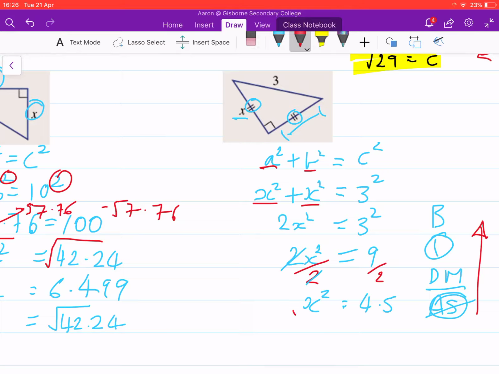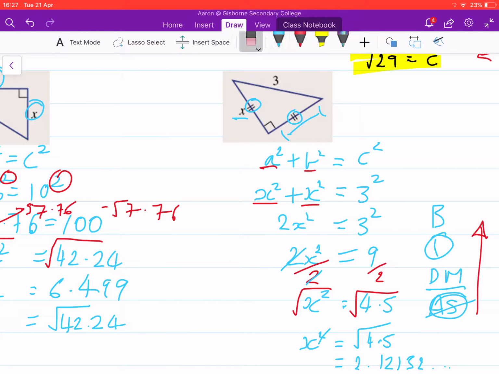Alright, so we can get rid of a squared as we have in the past by square rooting, and that will leave us with x is equal to, now you can, and it's preferred in this example, to leave it as the square root of 4.5, as a surd or an absolute figure, because the square root of 4.5 is 2.12132, etc. Okay, so that keeps on going.